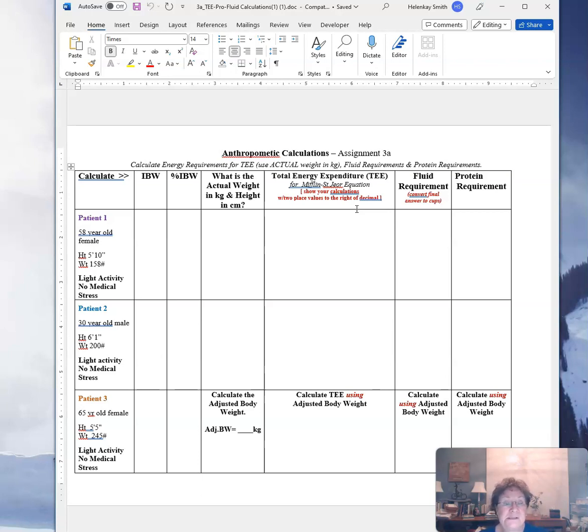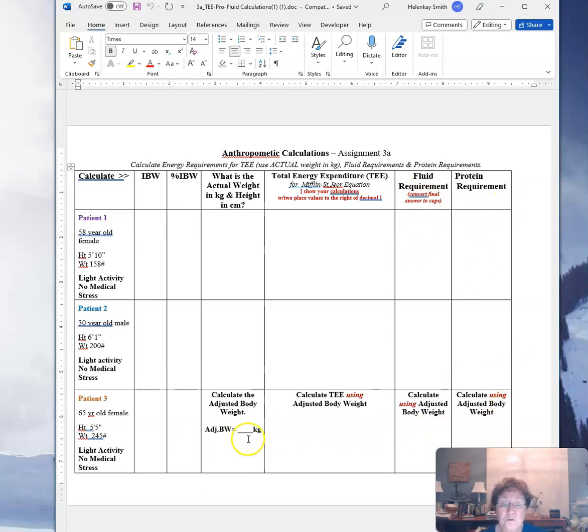Okay, let me see. All right, so you'll be doing the TEE in this middle column for patient 1 and 2, and for patient 3, you're going to calculate that TEE using the adjusted body weight that you discovered last week. And then you'll continue on with fluid requirement calculations and protein.